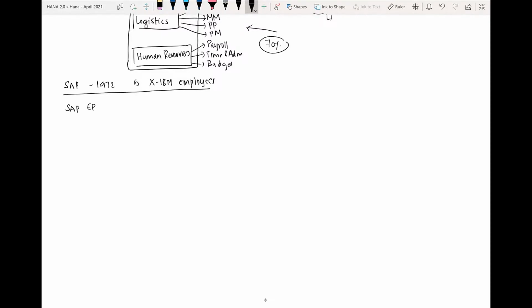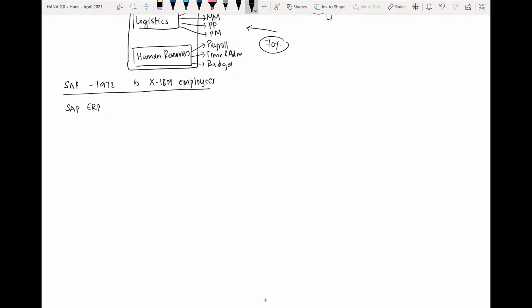It's called SAP ERP. See, the term ERP only became available lately. It was not there when they made this company called SAP. They did not have this naming convention called enterprise resource planning, even though that is what the concept is.